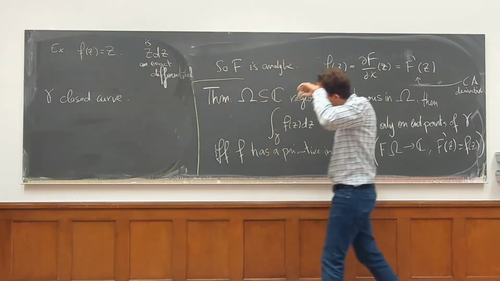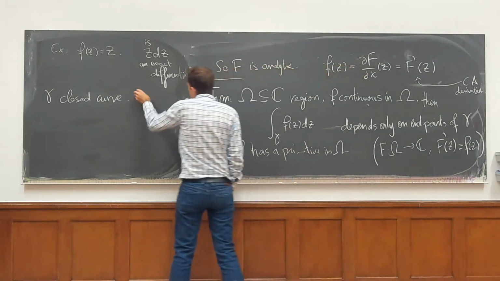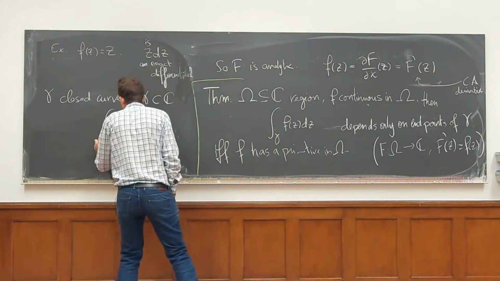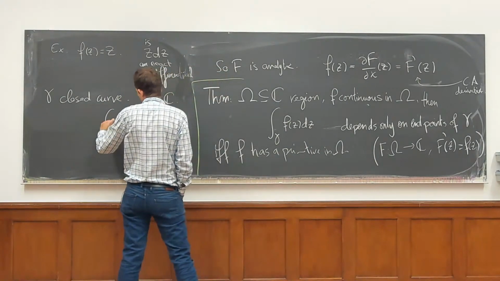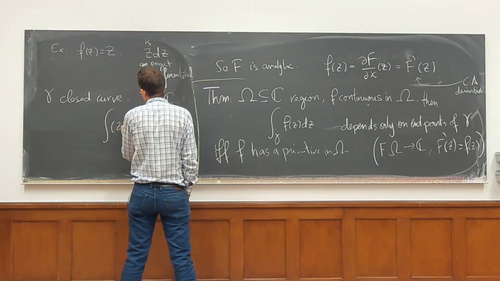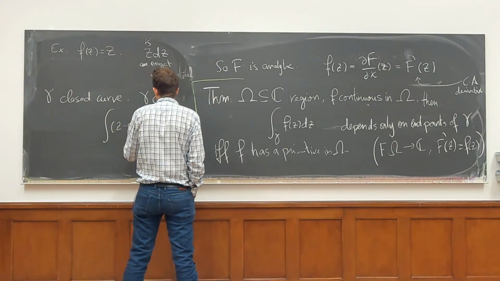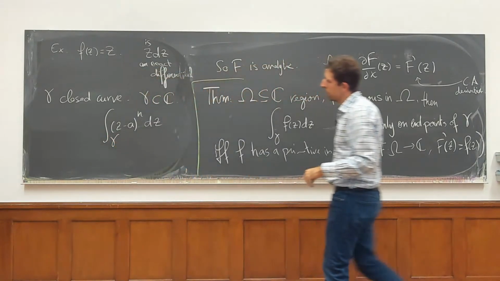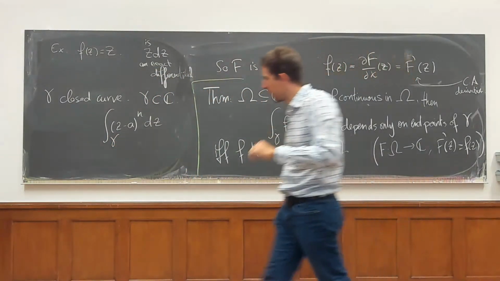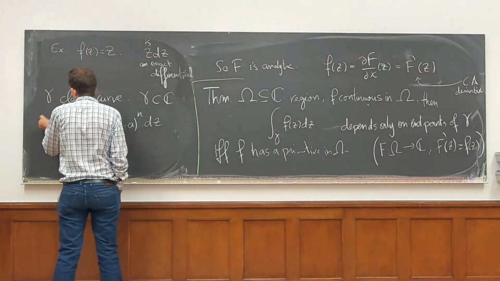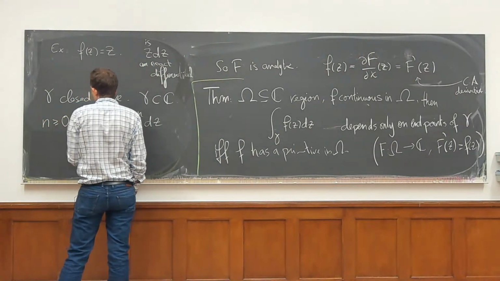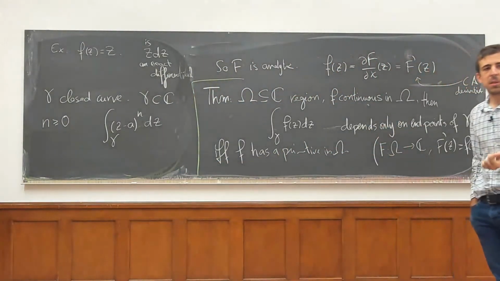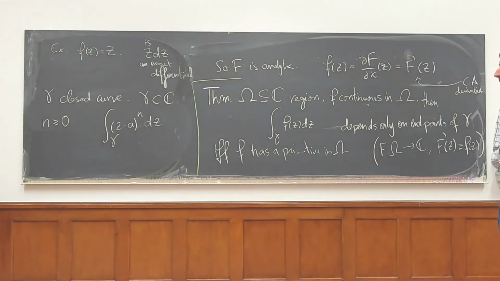And now let's say that I take the integral of (z minus a) to the n dz over this curve, and let's say that n is non-negative. What does my theorem tell me? Any volunteers to answer?